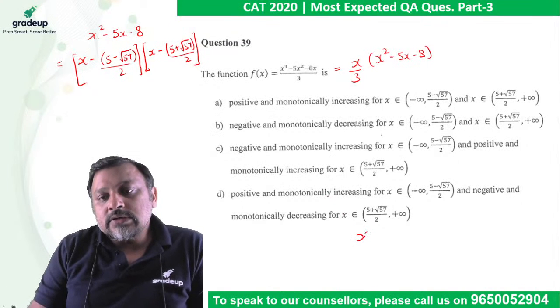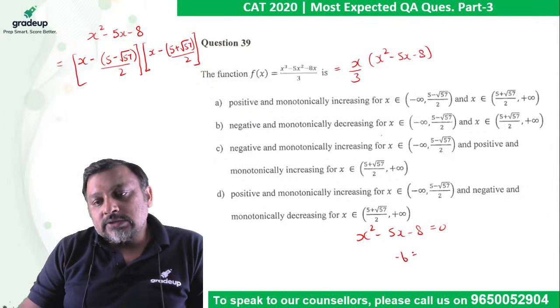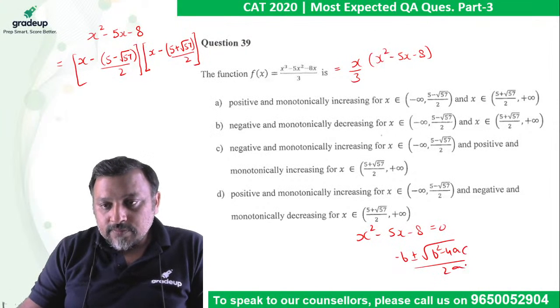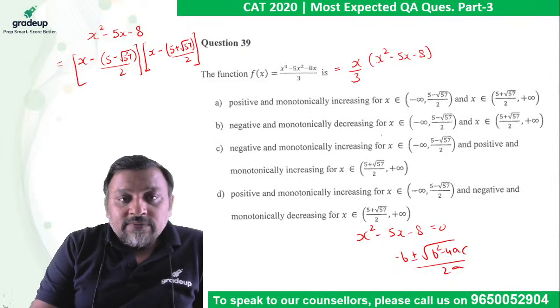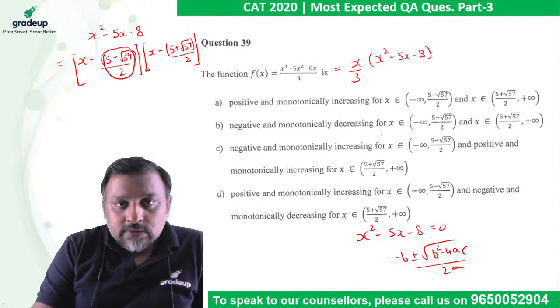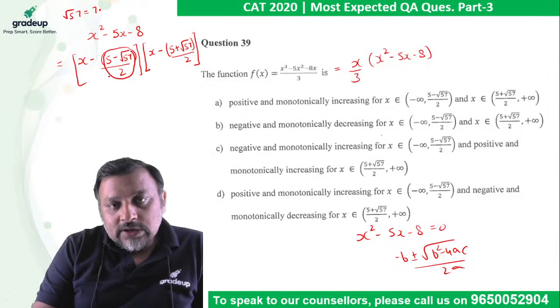We are just solving this quadratic equation to find the roots by applying minus b plus minus root of b square minus 4ac by 2. Okay, so if I look at this value, we know root of 57 is 7 point something. So can we say this is a negative value here? Well, this is a positive value.